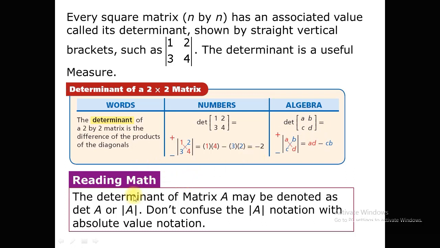But dear students, the determinant of matrix A may be denoted using this symbol, and don't confuse this notation with absolute value notation. This is not the absolute value notation. This notation represents the determinant of the matrix.